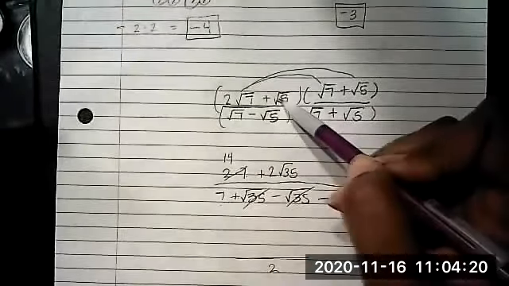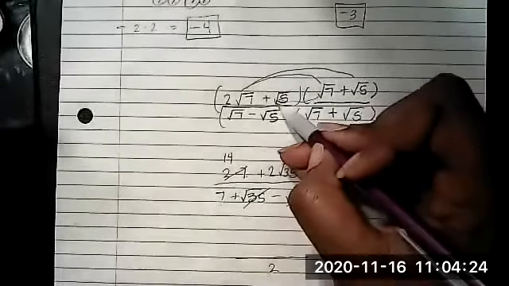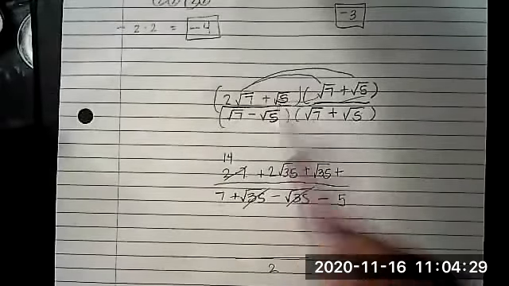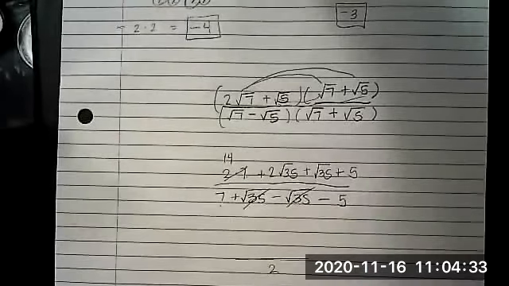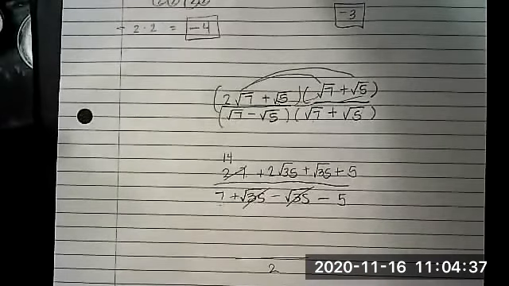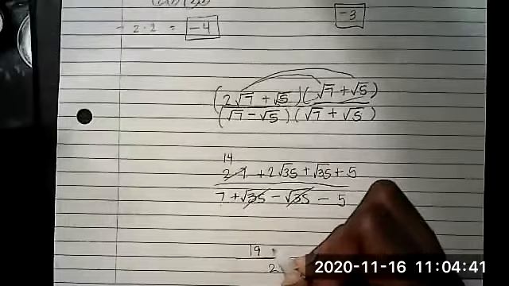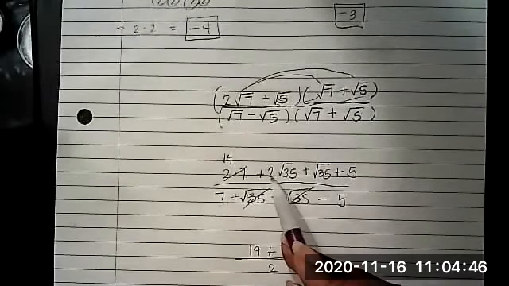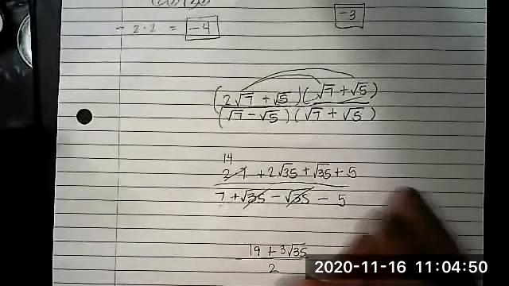Okay, and now I'm multiplying 5 times this, and that becomes plus the square root of 35. And then I multiply that times that. And of course, the square root of 5 and the square root of 5 is just 5 on the outside. Okay, so 14 plus 5, 19. So this becomes 19 plus, if I add these two combining like terms, that becomes 2 plus 1, which is 3, and then the square root of 35.